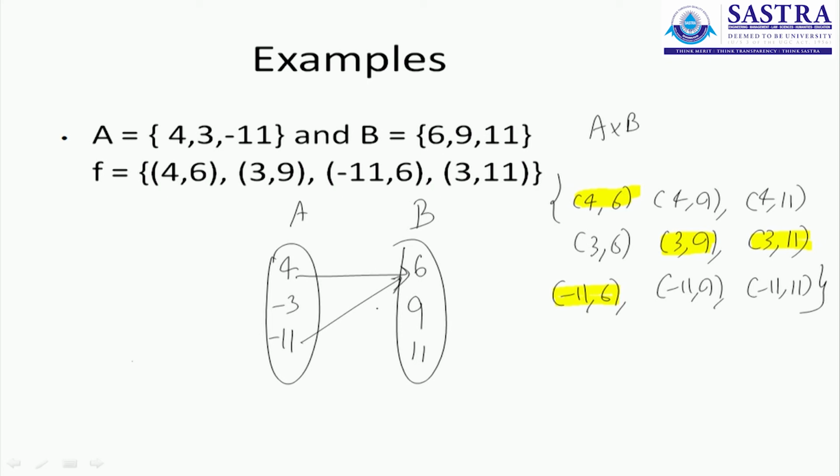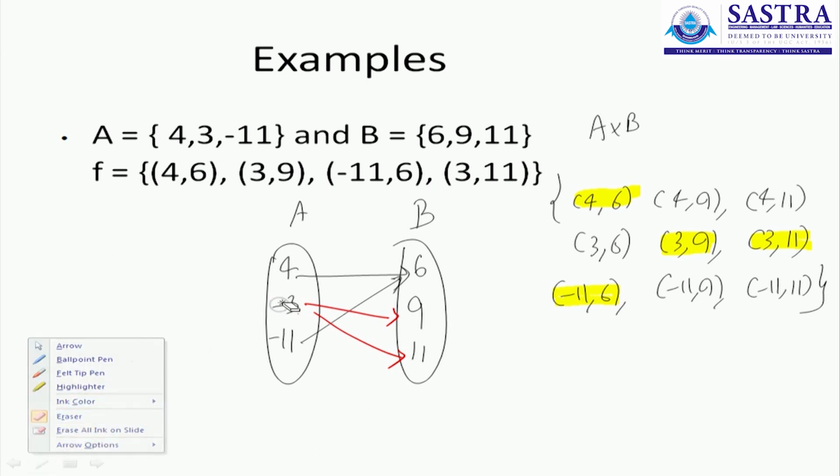But you see here, 3 is assigned to 2 elements. 3 goes to 9, 3 also goes to 11. The element 3 is getting assigned to 2 elements, which is not permitted, because we have seen that the image of an element should be unique. 3 should be assigned to only one element from set B, but here it is assigned to 2 elements from set B. Hence you see that this will not form a function.